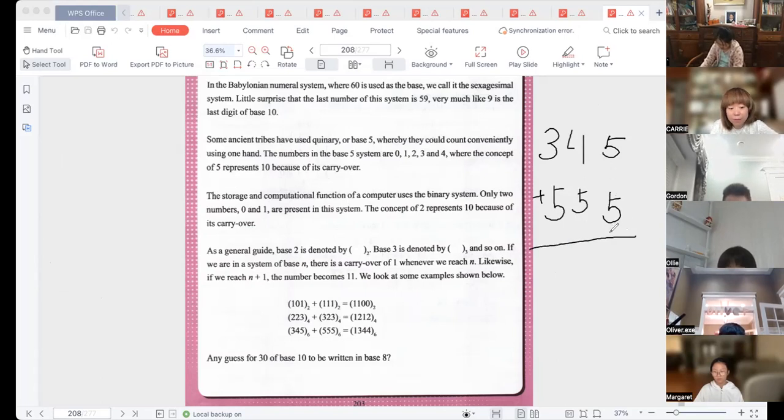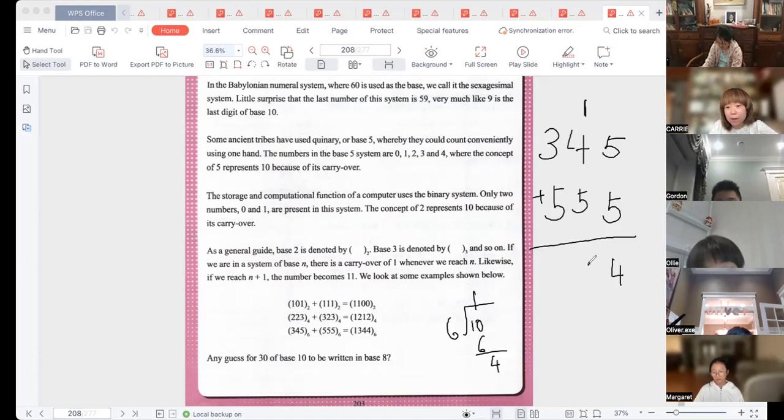Okay, so 5 plus 5 equals 10. But the base is 6. So 10 divided by 6 equals 1. So remainder is 4. So we have 4 here and 1 here. Get it, everybody? So 4 plus 1 plus 5 is 10.